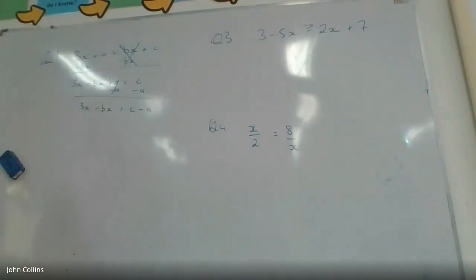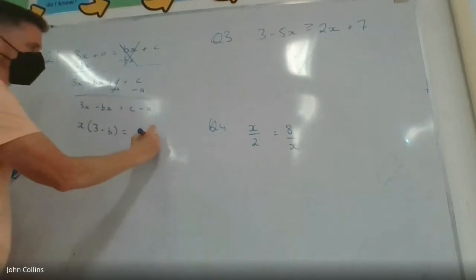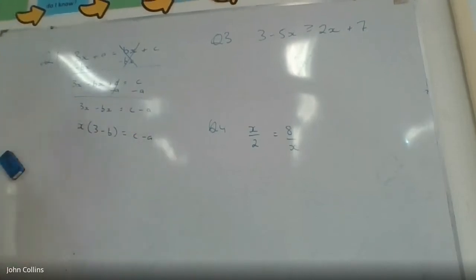Next step is probably the hardest part of this. Yes, that's correct. Because x is in both, it's called factorizing when you remove that x, like divide them both by x and leave them outside. C minus a. That was the tricky part, I think, of this problem.